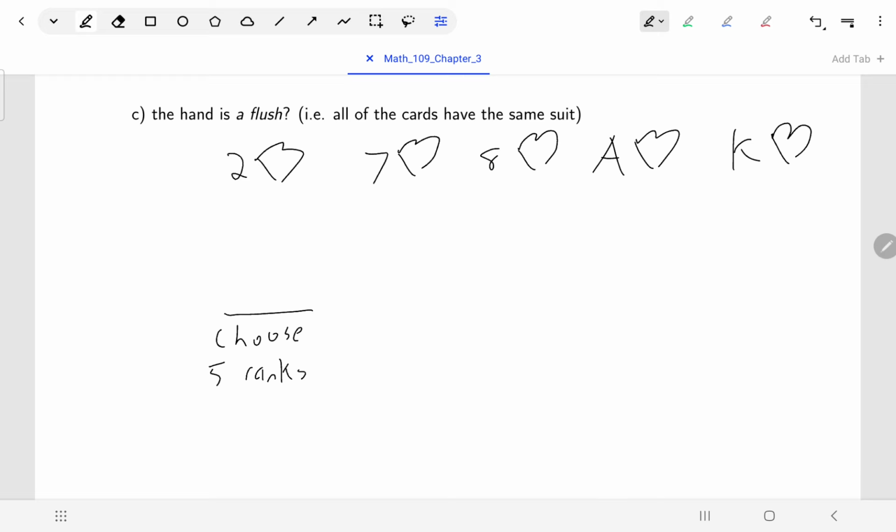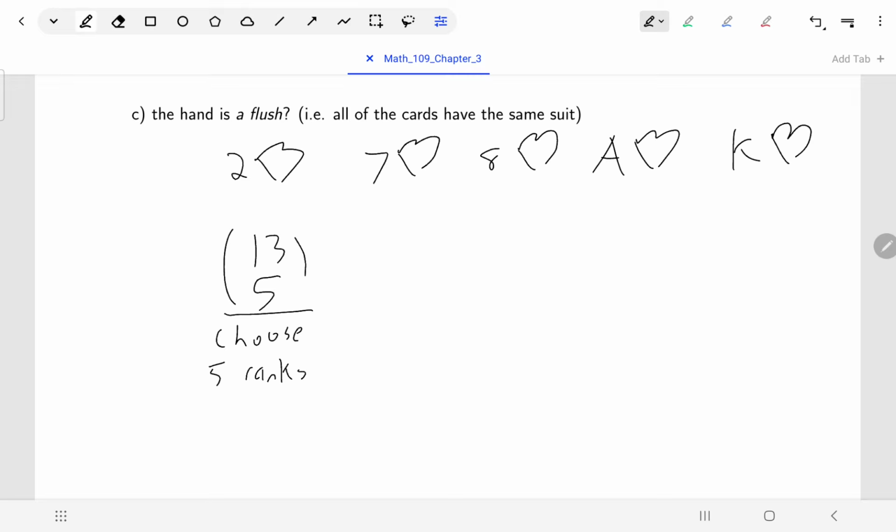I'm just making a collection of 5, so it doesn't really matter which was the first or which was the last. So out of the 13 ranks, I will just choose 5 of them. Good. So now at this point, I've decided that it's going to be a 2, 7, 8, ace, and a king. I still need to know what suit it is. So I still need to choose a suit.